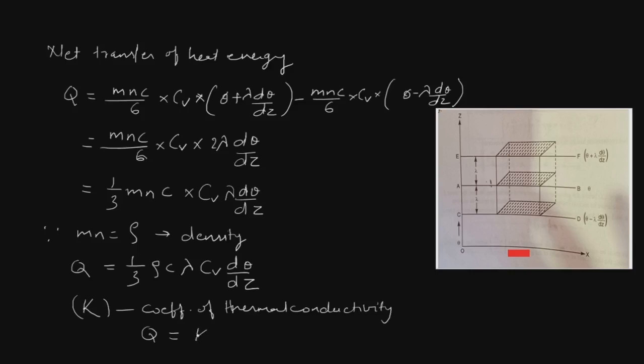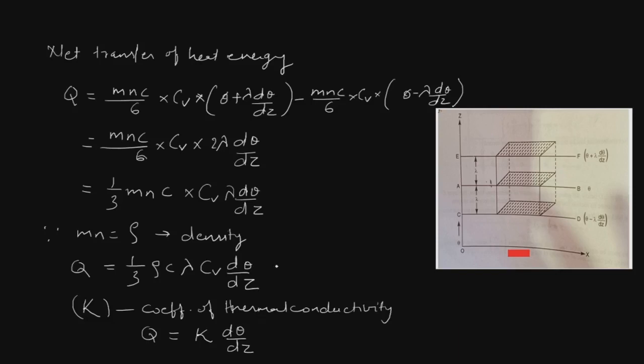So we can write this Q as equal to K d theta by dz. So heat energy can be said to be directly proportional to this value, and hence K is the constant, that is the coefficient of thermal conductivity, and K is defined as the heat energy Q that flows per unit area per second per unit temperature gradient.